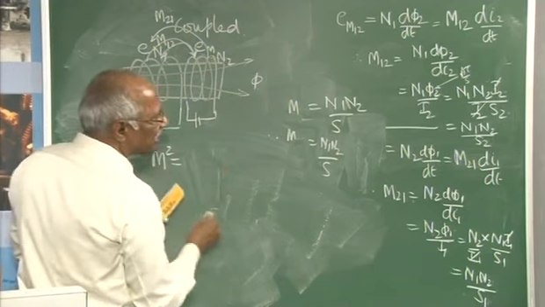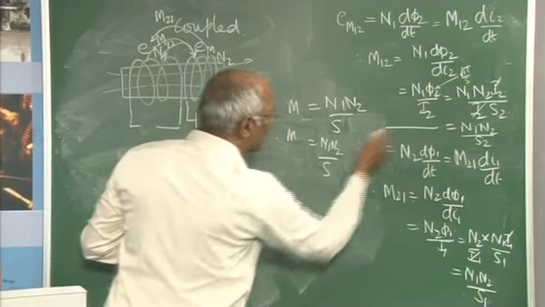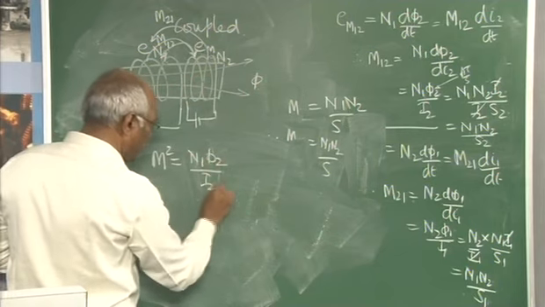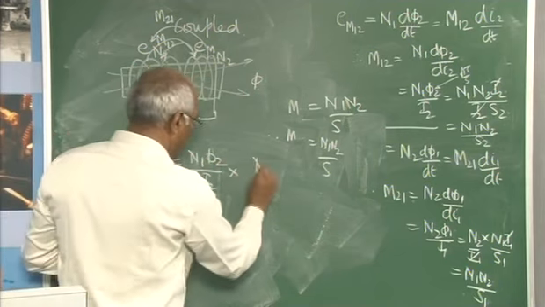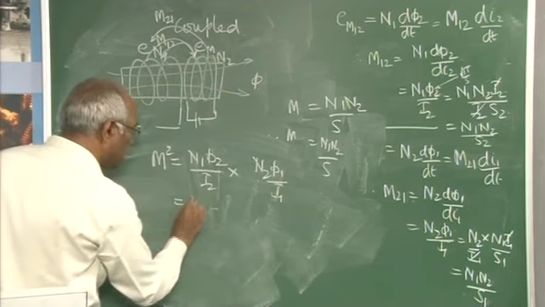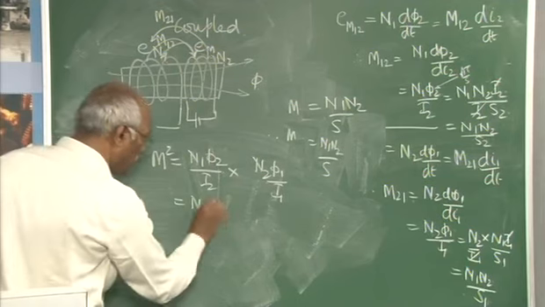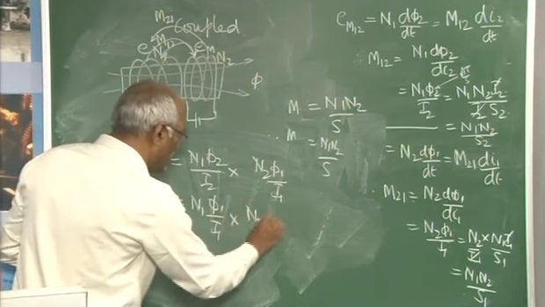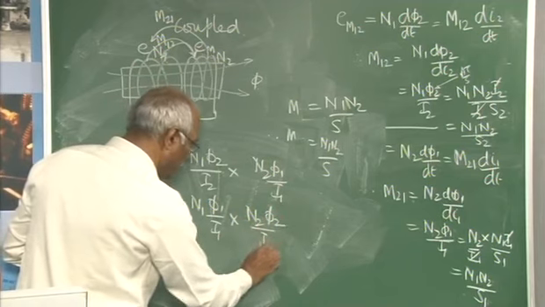The first one is nothing but, I will go for this one, N1 phi 2 by I2 into N2 phi 1 by I1. This can be written as N1 into phi 1 by I1 into N2 into phi 2 by I2.